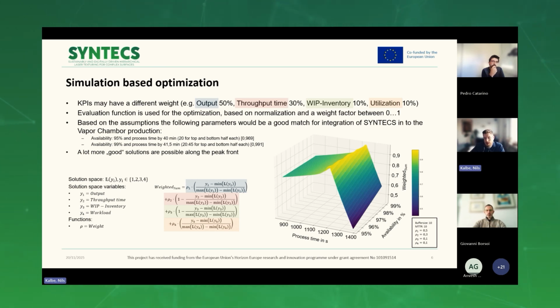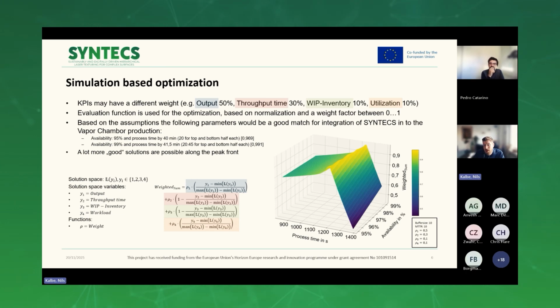And if you decrease the process time, you get something like a peak maximum front for our weighted sum. So in this area, the syntax machine is the bottleneck. And if you go farther to the left, so you decrease the process time, the weighted sum is going low. So you can decrease the process time, but in this parameter setting, it's not necessary.